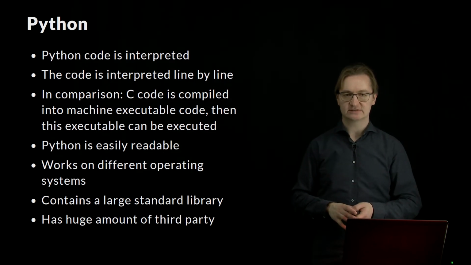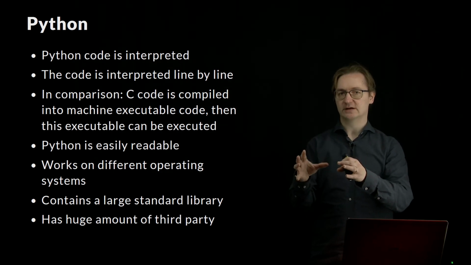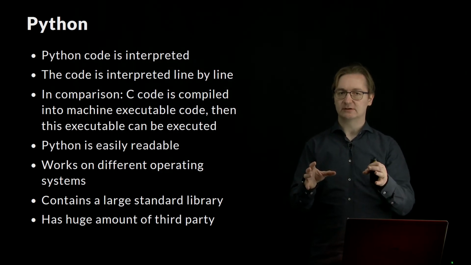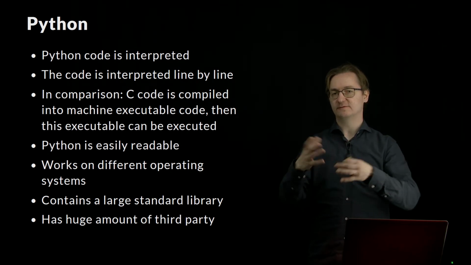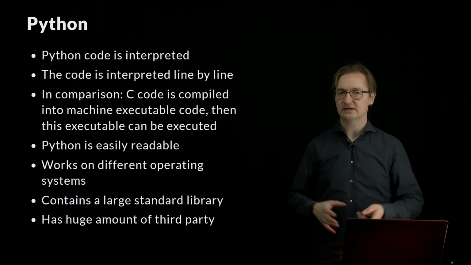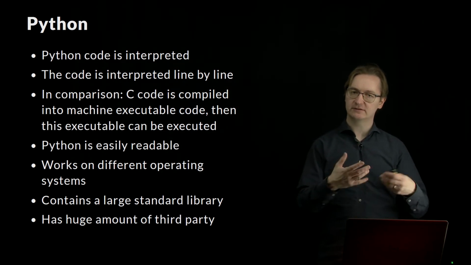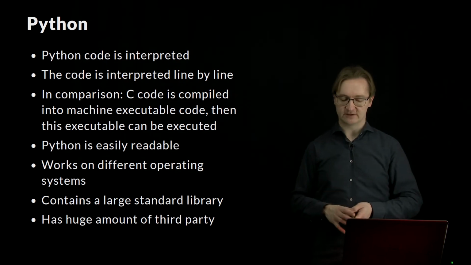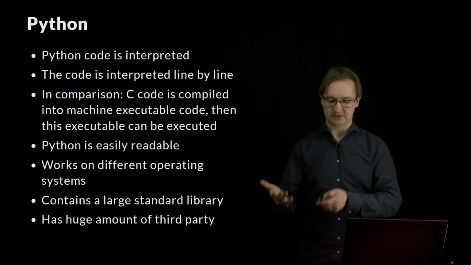So it has to interpret the line, it has to find out what it has to do, and so on. And the compiler has done this already beforehand. So maybe if the compiling takes 10 seconds, it takes this time, but it's done only once. And now if I run the code, it's already fast. But in Python, every time you run the code, it has to kind of interpret the lines.